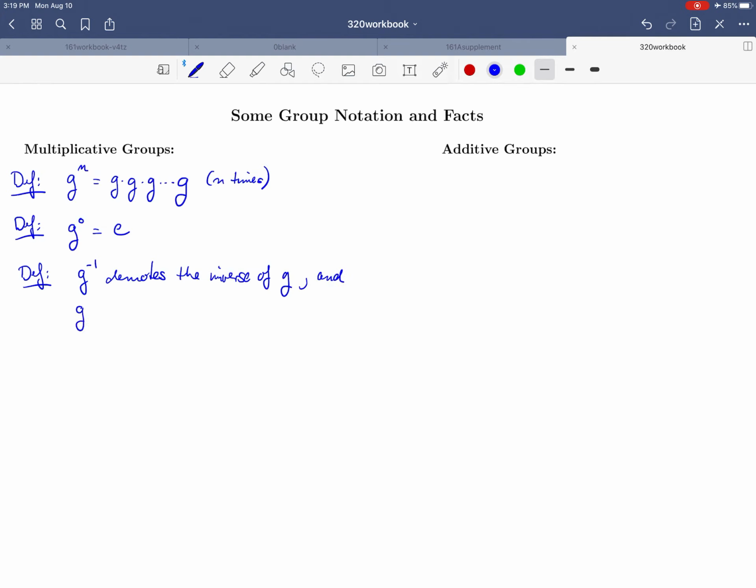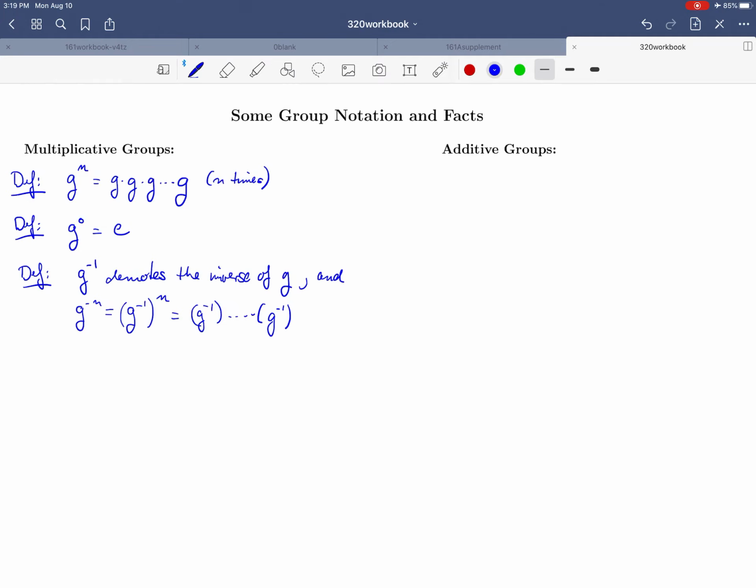And so we can combine those two things together with the to the n notation. So g to the minus n is going to also be g inverse raised to the nth power. So that is g inverse multiplied together n times.